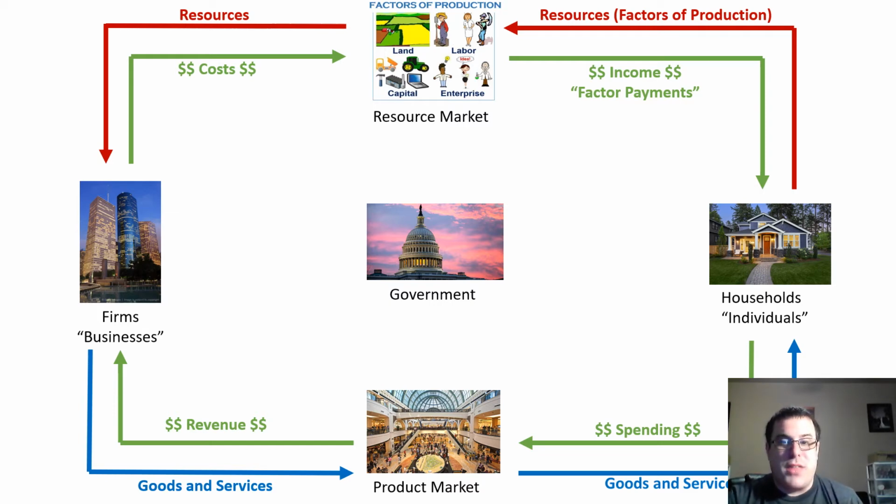So they got to buy resources. They got to get the ability to produce more of that product. If you're a business and you sell hats and you only sell one hat, you're not going to be around very long. What you need is the ability to make more hats. So you take in that revenue from the last hat you sold, and then you turn around and buy more resources to produce more hats.